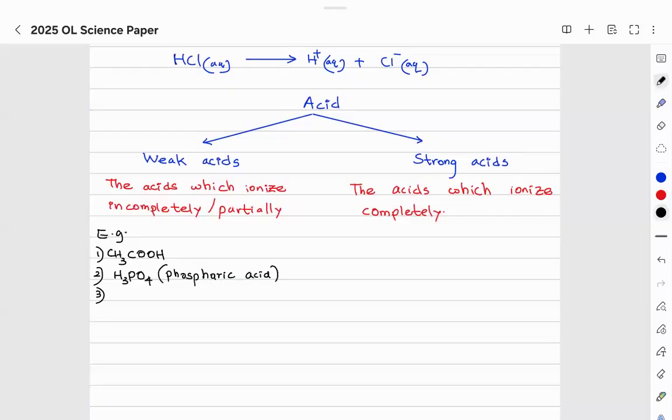Then carbonic acid, H2CO3. So these are considered weak acids. For the strong acids, let me give you examples like HNO3, HCl, and sulfuric acid. So these three are the famous strong acids. So here you can see a brief introduction to the acids.